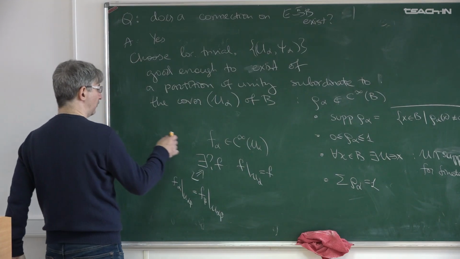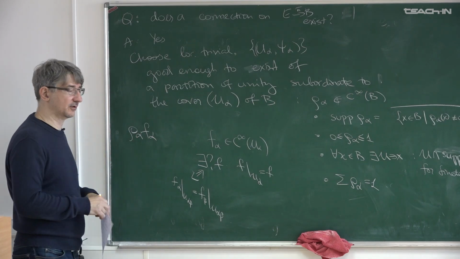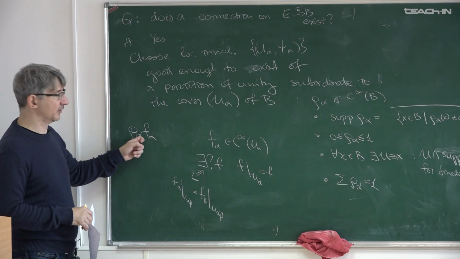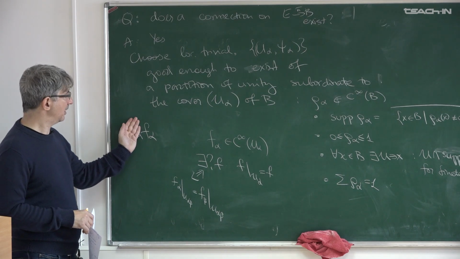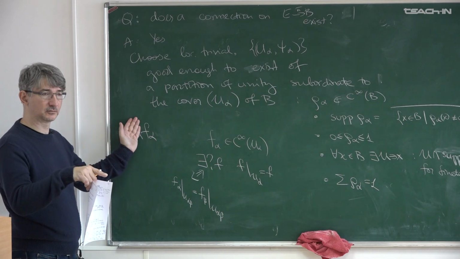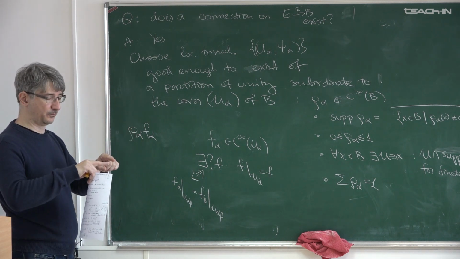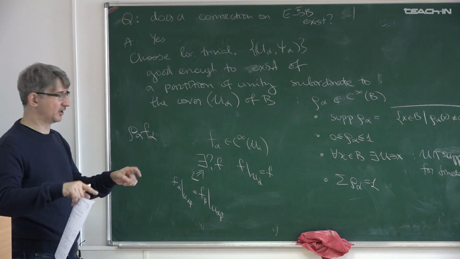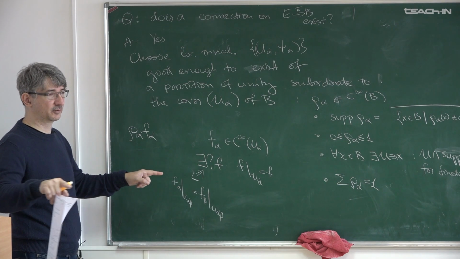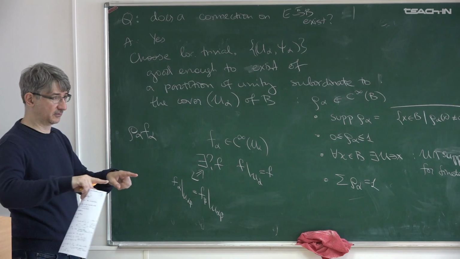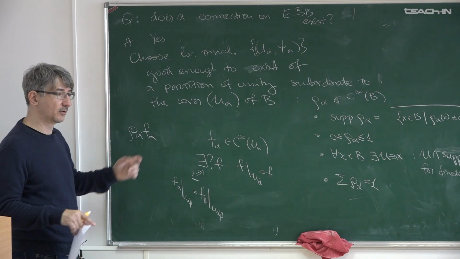You write the following thing: rho alpha f alpha. Now you see that this object, rho alpha f alpha, can be considered as global. Because look, f alpha is defined inside u alpha. Then you multiply by rho alpha, then you go to the boundary of u alpha, this object becomes 0. And then you prolong it, define it outside of u alpha as zero. So this is a global object.